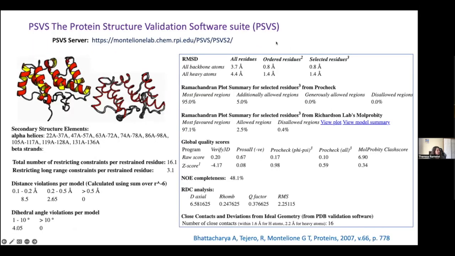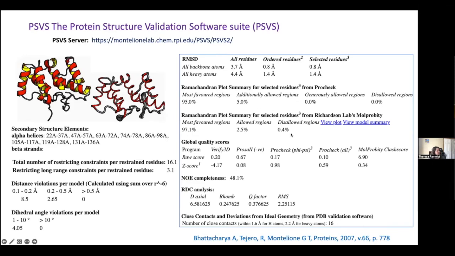Then we also used a software called the Protein Structure Validation Software Suite. It's also served by the Montelione lab at RPI, and you get a lot of structure validation output scores. These are knowledge-based structure validation scores. You get your alpha helices, and violations of your restraints per model.